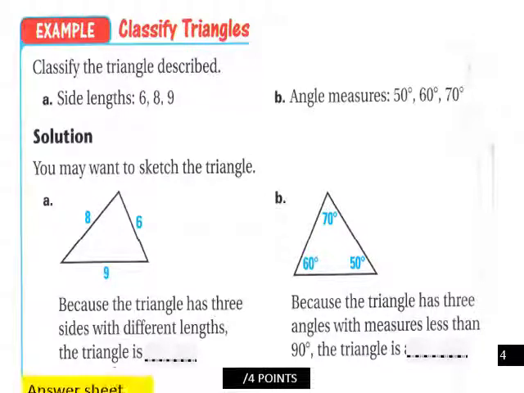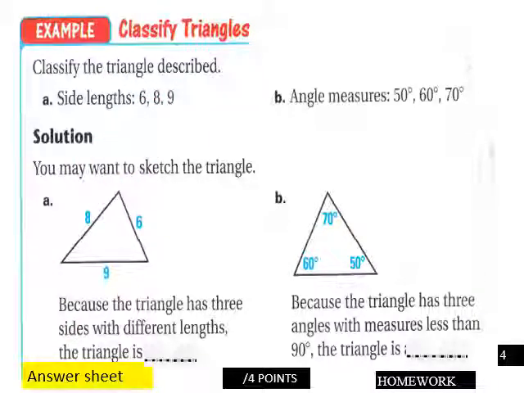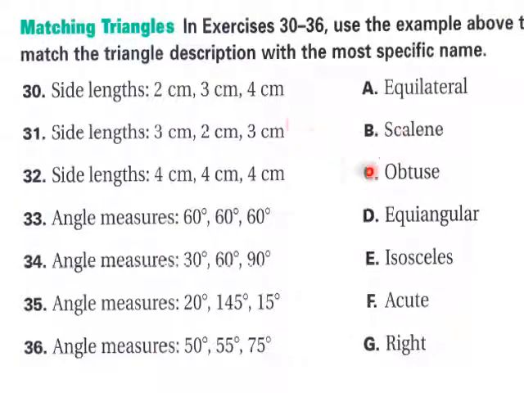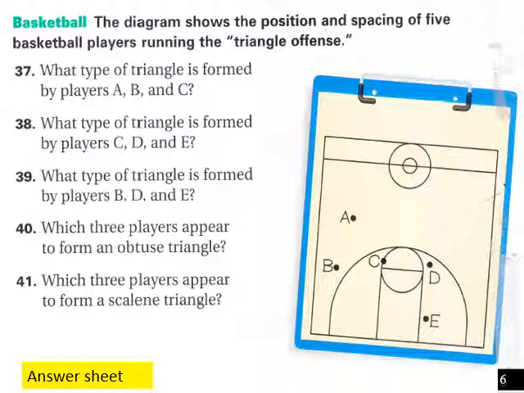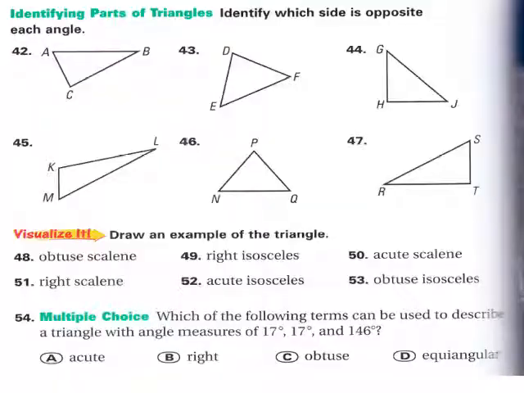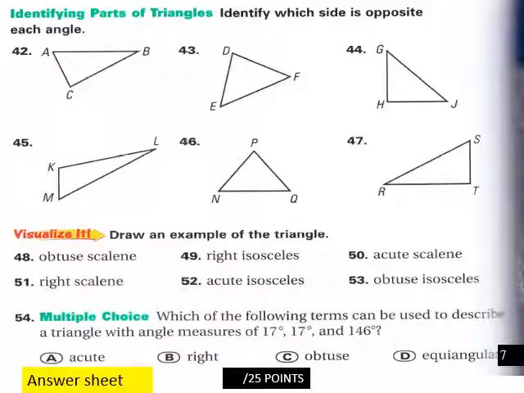Here's page 4 of the homework. Sketch the triangle, classify the triangle, and mix and match, matching. Page 5, then page 6 here for this basketball court, and then page 7 of the homework.